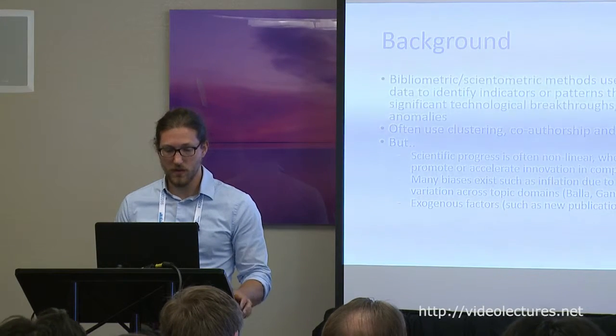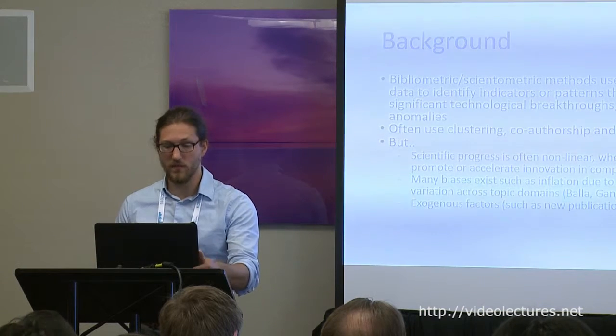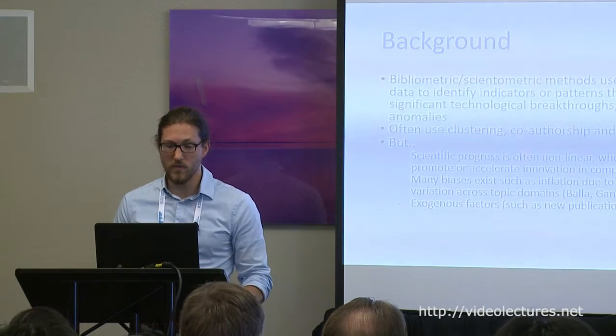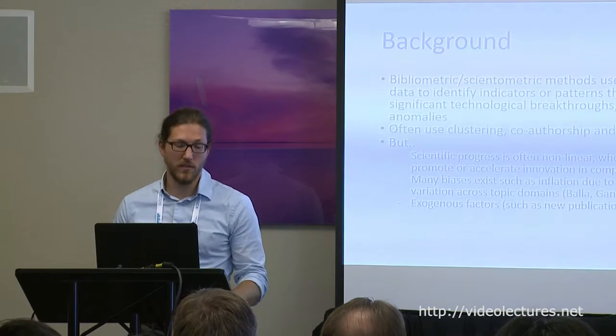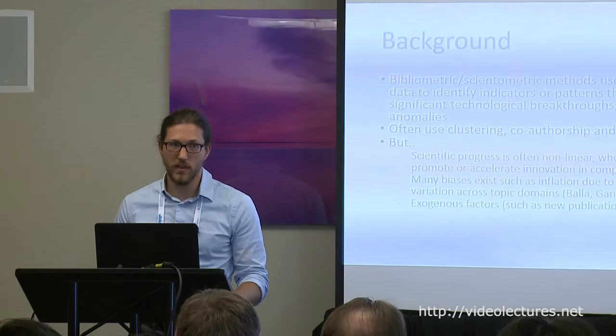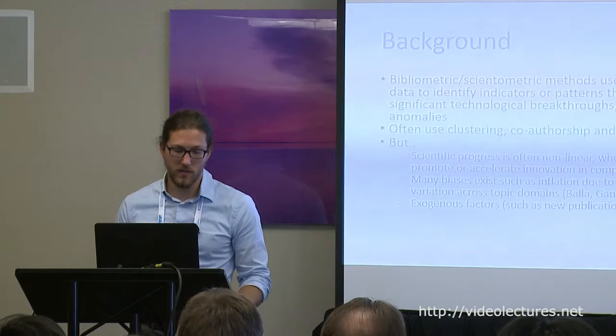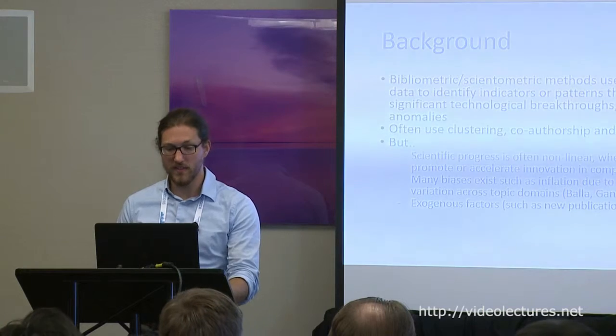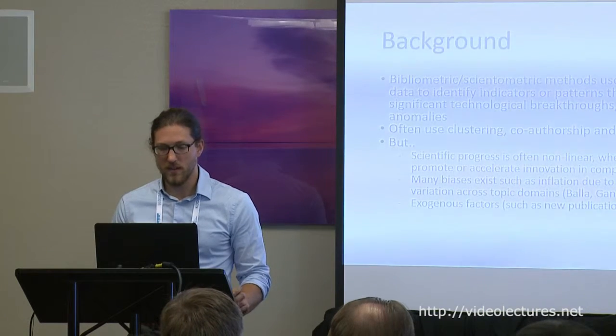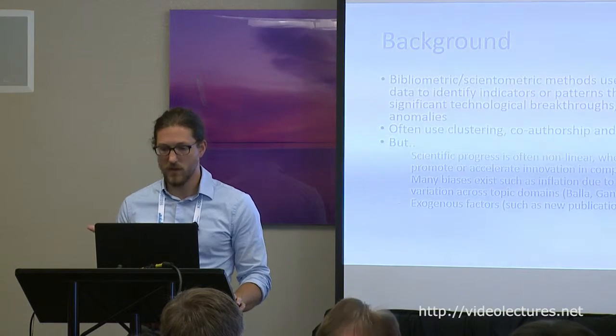Some of the challenges we've run into is that scientific progress is often nonlinear. Advances in one field may promote or accelerate innovation in complementary areas, so we may have to look at papers in seemingly unrelated fields as those fields come together to produce innovation. Also, there are many biases that affect how we approach a solution.